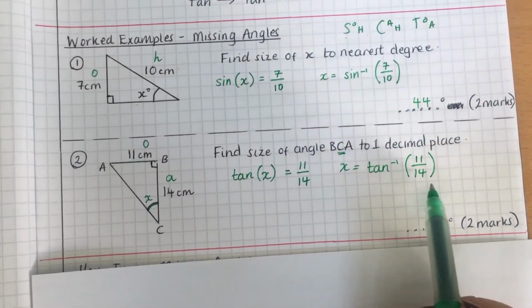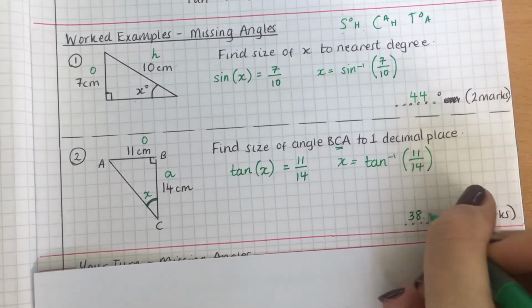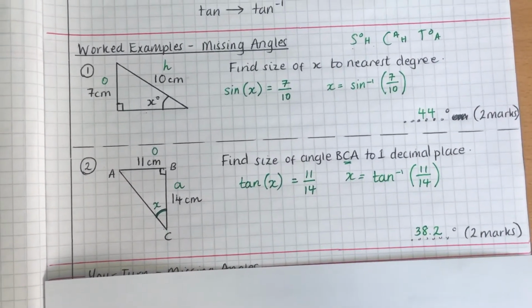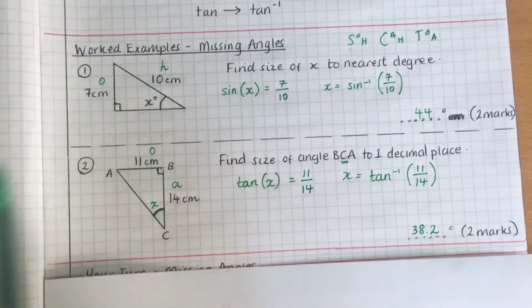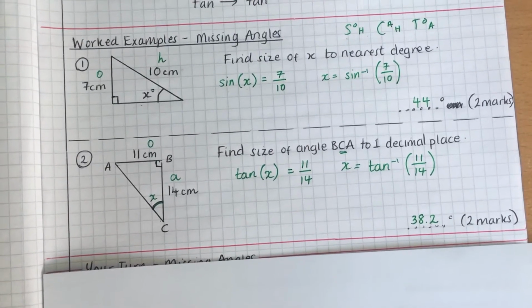You type that into the calculator, it's looking for 1 decimal place, and you get 38.2. Okay, and that's that. Just make sure that you've got those written down. The main thing to remember is only label the sides that you need, and once you've done that, make sure that you do the inverse of that function to find the angle.